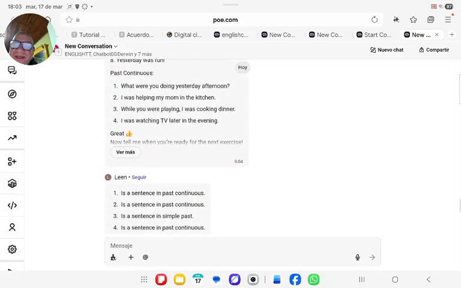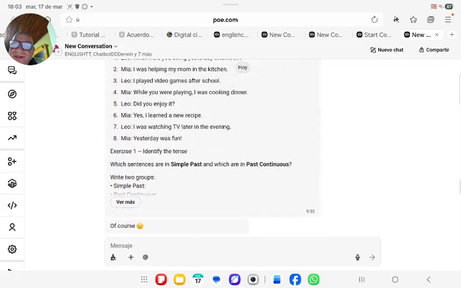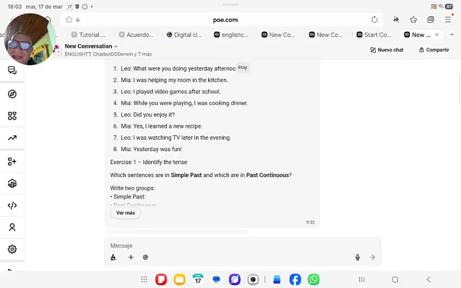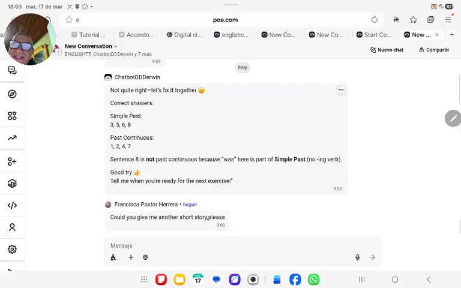For example, sentence number eight is "Mia, yesterday was fun." So it isn't a continuous form. It's a simple past. The chatbot wrote this answer.